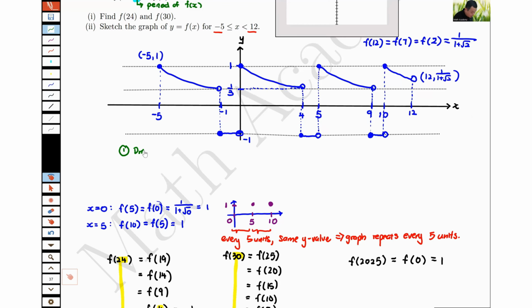Okay, so I write that down, draw dotted, let me call this guidelines at highest and lowest of each segment that you have, we draw in that guidelines.